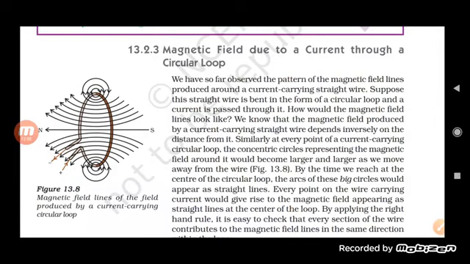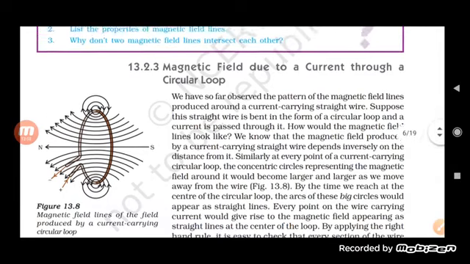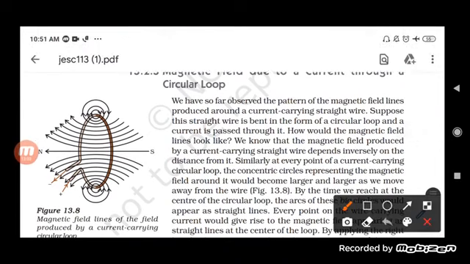So here you can see it is written that the magnetic field produced by a current carrying straight wire depends inversely on the distance from it. Similarly, at every point of a current carrying circular loop, the concentric circles represent the magnetic field around it, and they become larger and larger as we move away from the wire.